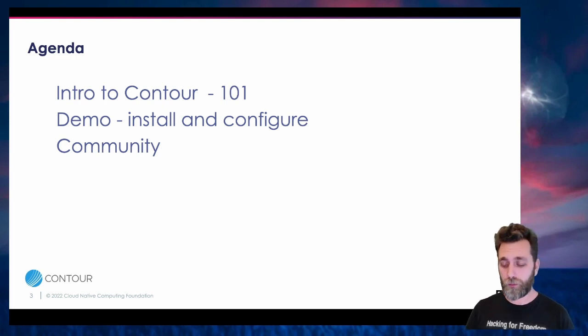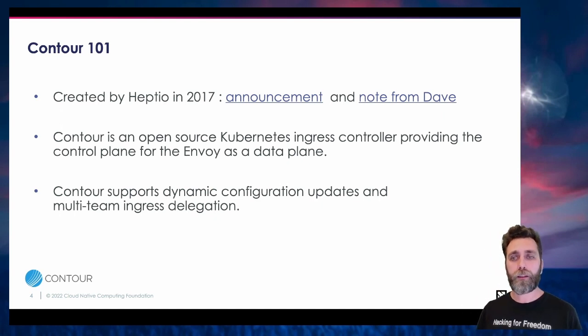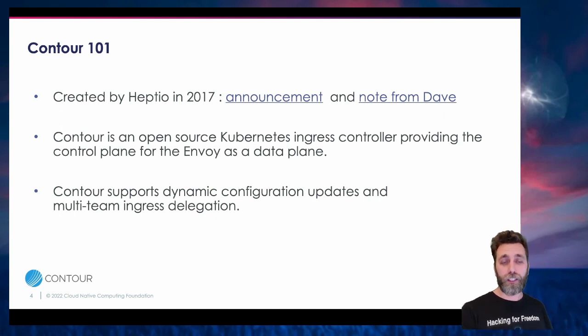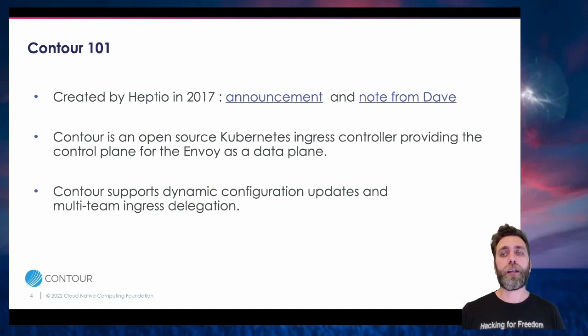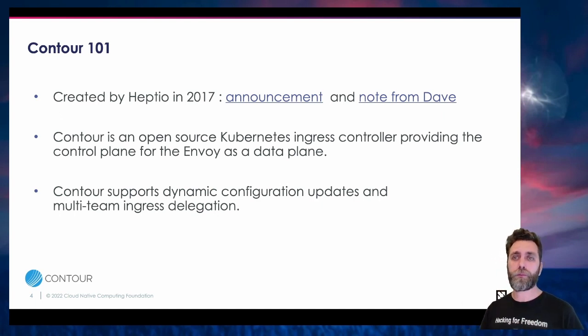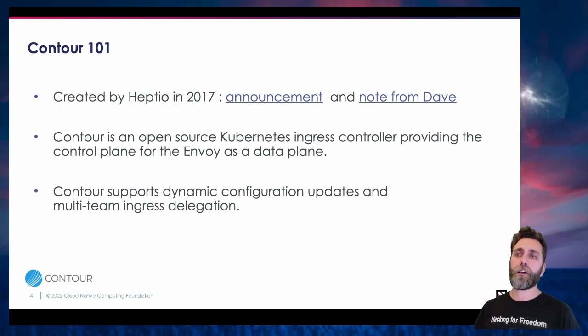So, Contour 101, the Kubernetes high-performance ingress controller, right? But why and how? Created back in 2017 by the Heptio folks. At the time, they felt that ingress is not enough, so they created a CRD for this. And there's a very nice note from Dave, one of the creators back then, on why they needed something else. So Contour is open source, right?